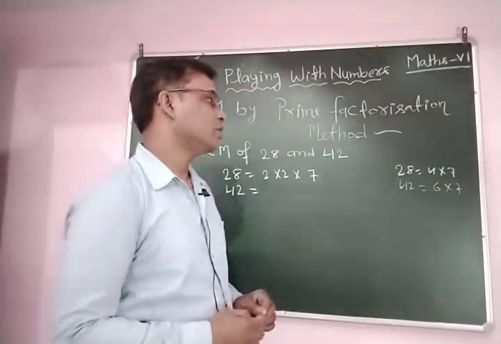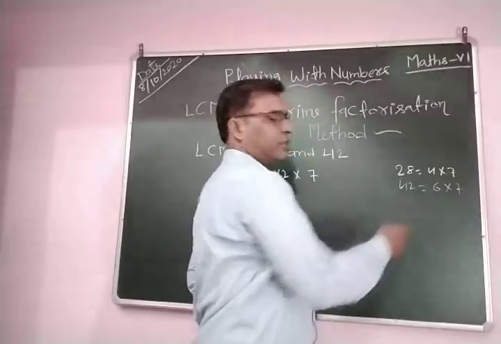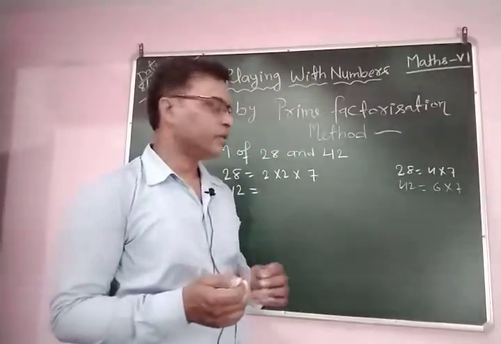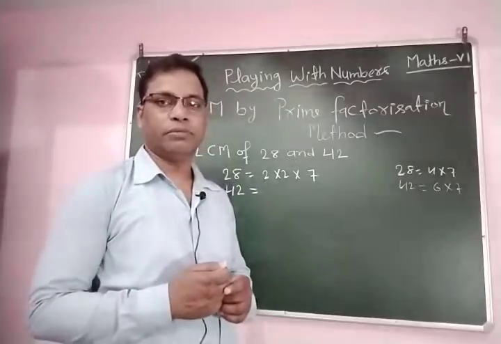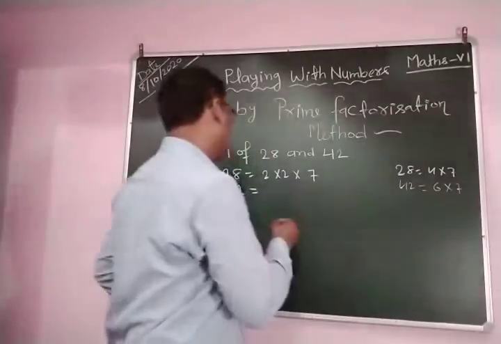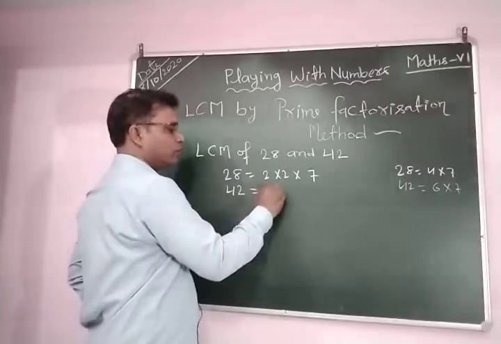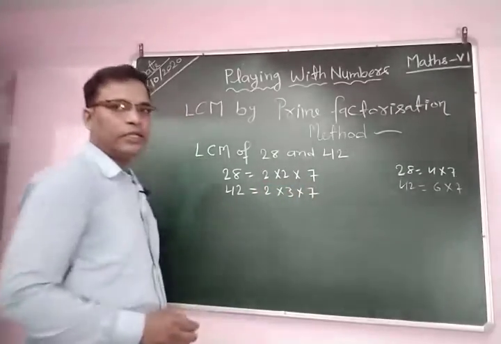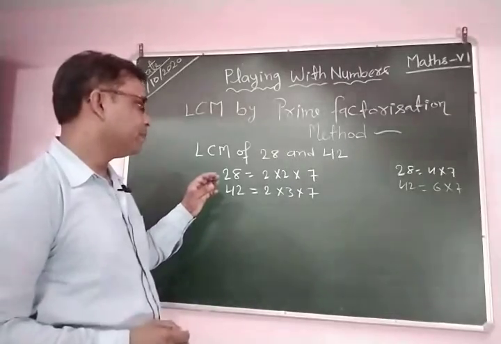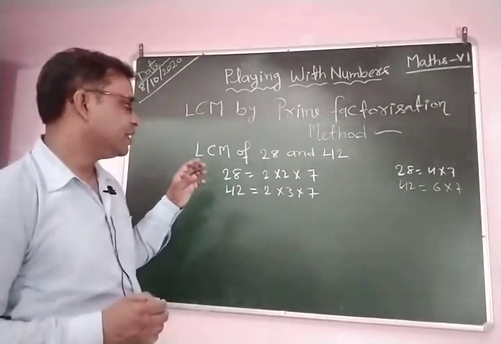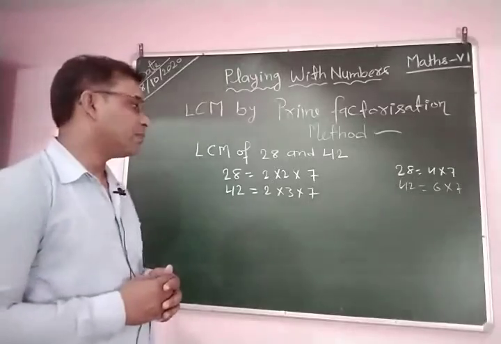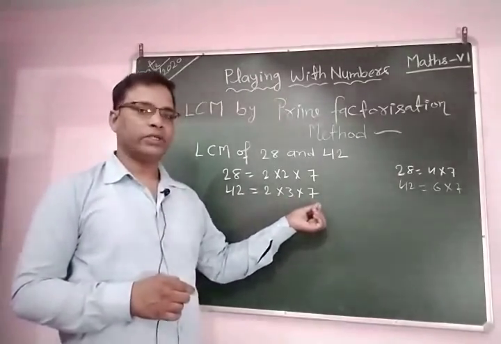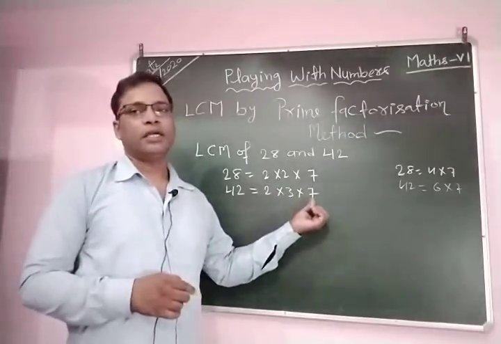This is a product of factors, but not prime factors, because 6 is a composite number. You can break 6 into 2 into 3, so 42 is 2 into 3 into 7.